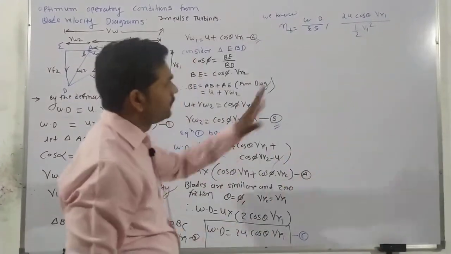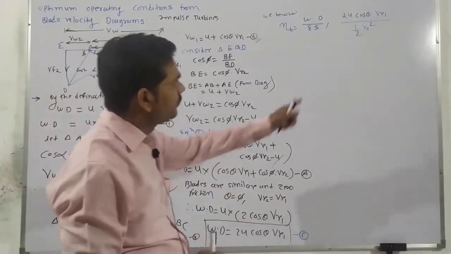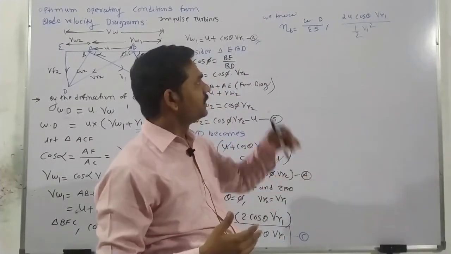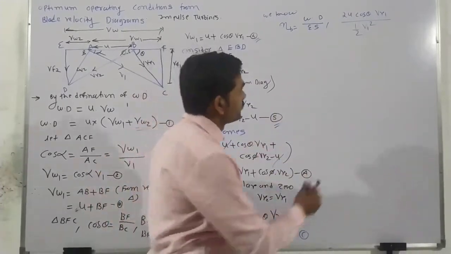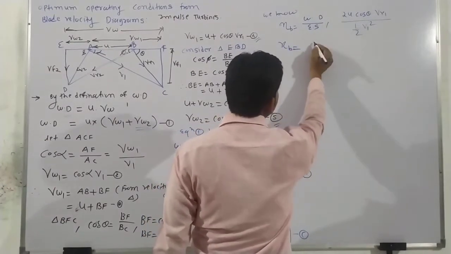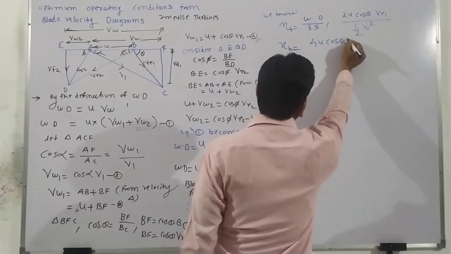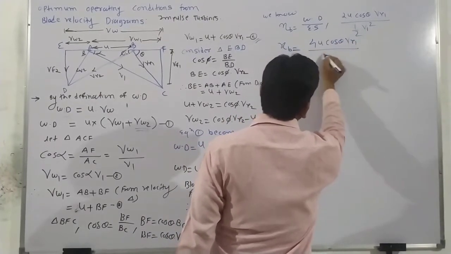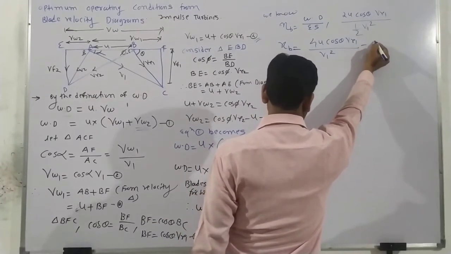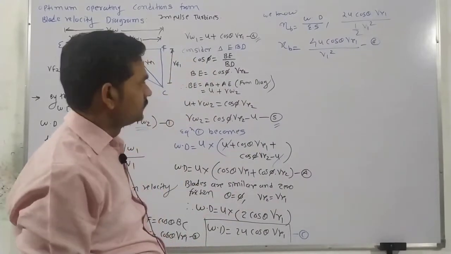We get this formula because V1 is the velocity of the steam, so the kinetic energy is 1 upon 2 V1 square, and the mass flow rate is already cancelled in the above equation and this equation. So this 2 becomes 4 times U cos theta VR1 upon V1 square. Suppose this is equation number 6. I write this down, right?